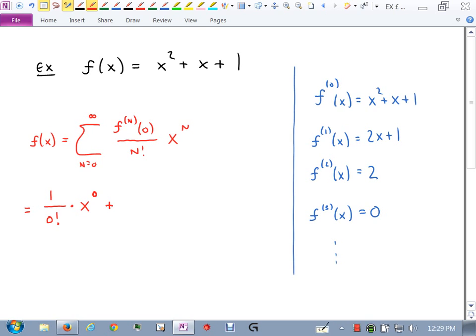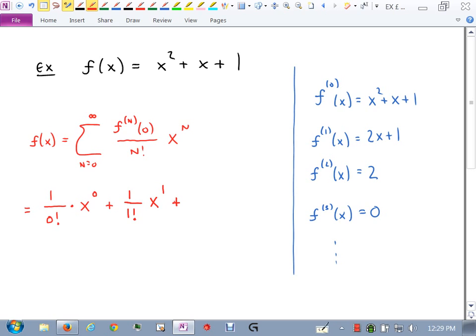Plus, so now I'm plugging in 1. What is the first derivative of the function evaluated at 0? So plug 0 in here, and what do you get? 1. 1 over, what? 1 factorial, x to the first power. With me?